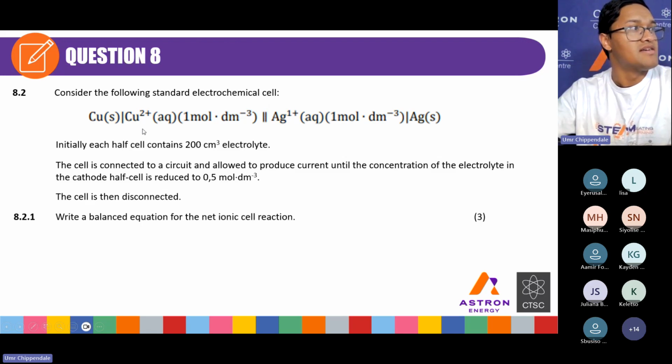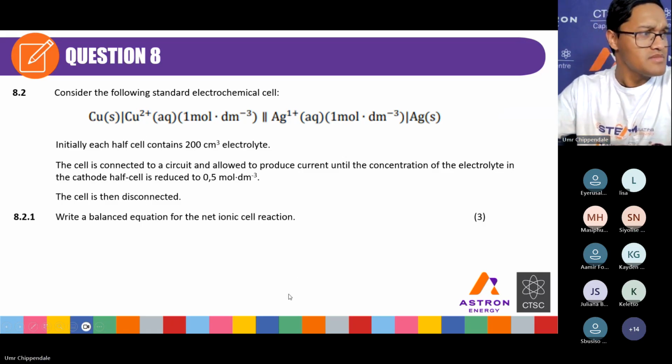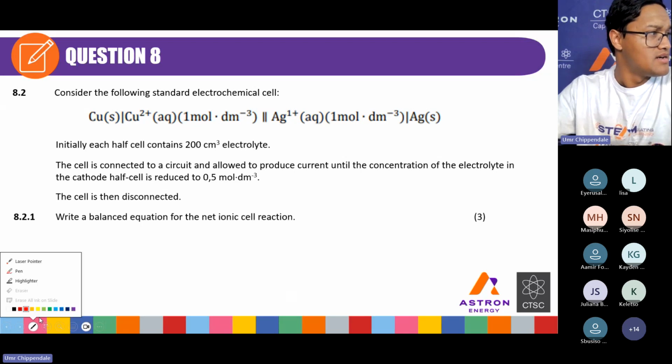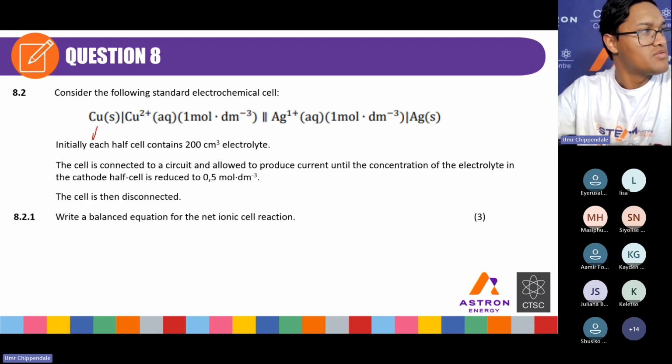Whenever it comes to that, the way I like remembering it is, remember our alphabet starts with A. So when you deal with your cell notation, alphabet starts with A. So we start this part off with the A. So that's where our anode is, which means this is where our cathode is.